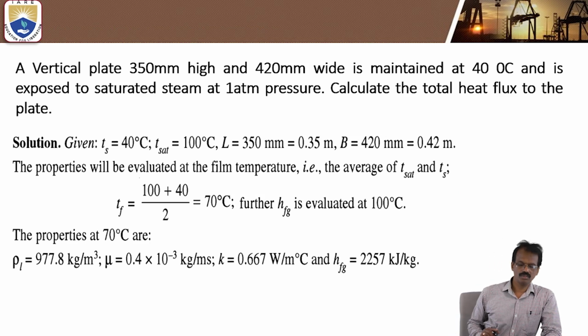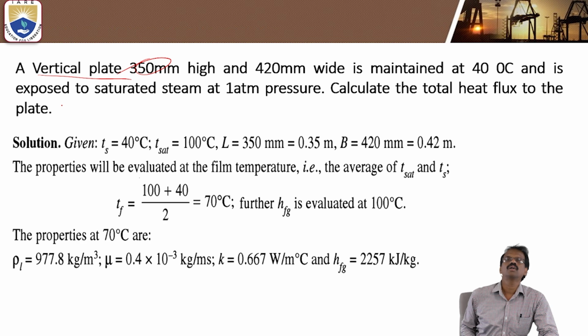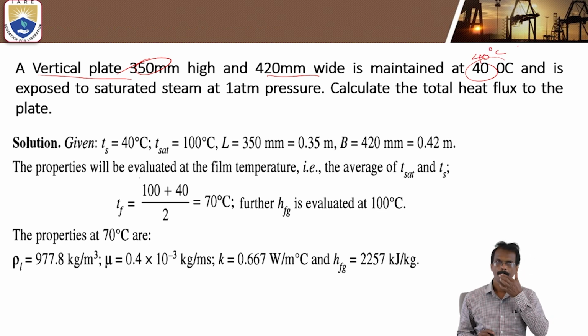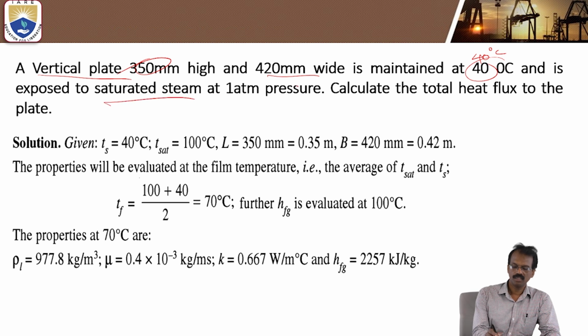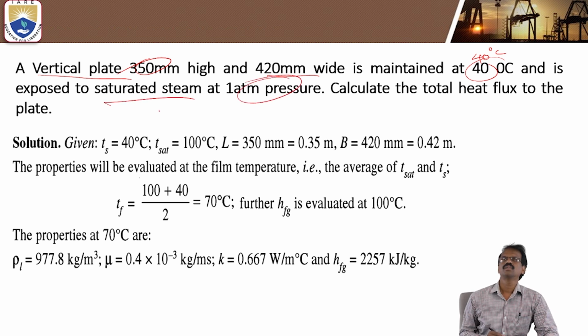Next, one more numerical we will see. A vertical plate, height of the plate is 350 mm and 420 mm wide, is maintained at 40 degrees Celsius and is exposed to saturated steam at 1 atmosphere pressure. Calculate the total heat flux.